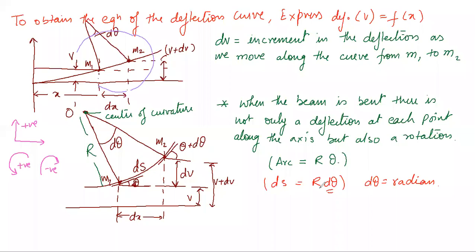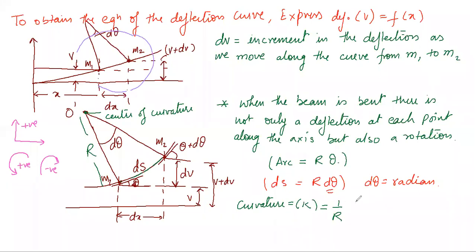So let us define one more term. It is defined as the curvature. What is curvature, right? Curvature is a measure of how sharply a beam is bent. What is the meaning of curvature? It is how sharply your beam is bending, that term is defined as curvature, right? And you always remember that curvature is always the inverse of your radius.